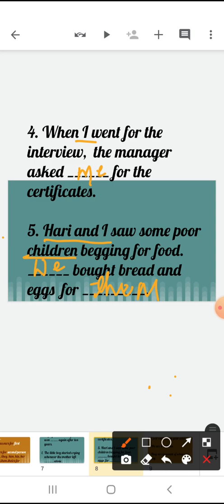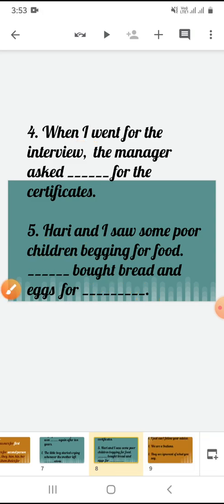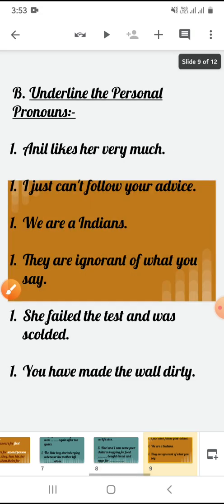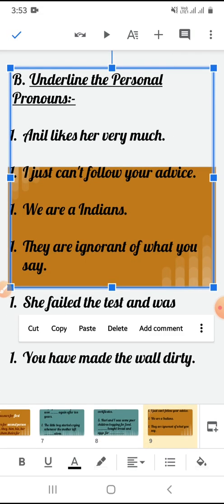Hari and I saw some poor children begging for food. We bought bread and eggs for them. This exercise we have done, and I hope you also have done. Now next.